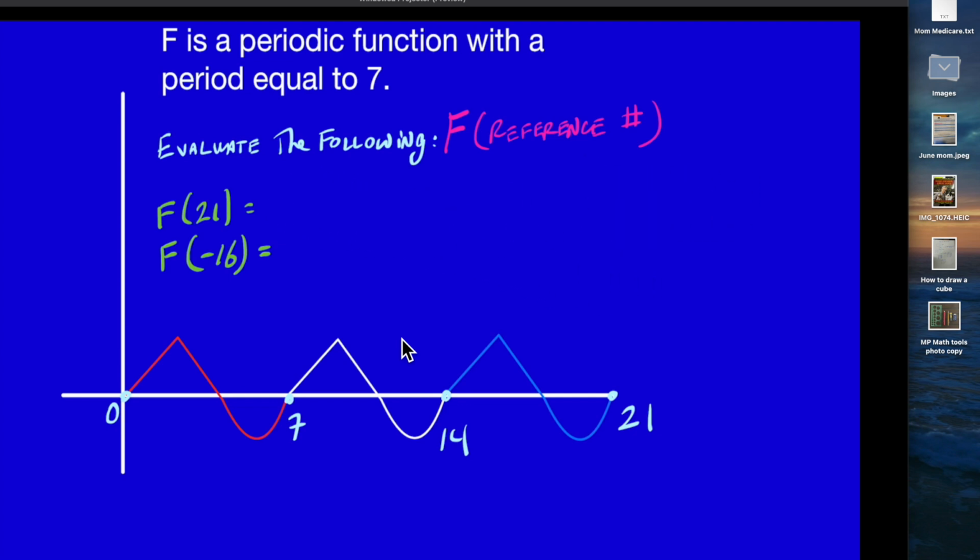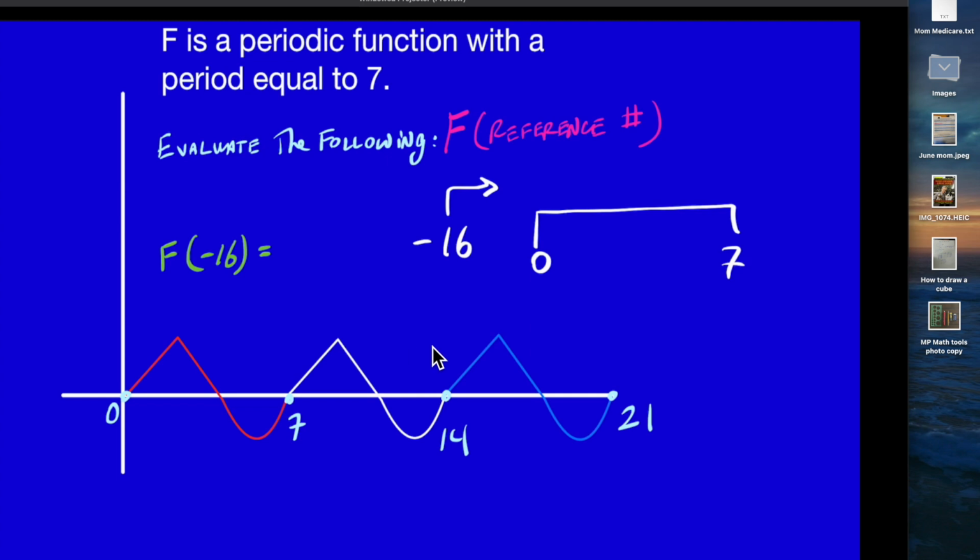So negative 16 is clearly out of the reference zone. So here's negative 16, we'll put it on the left. Here's our reference zone between 0 and 7. Will adding 7 get us in the zone? Answer no. If we add 14, will we be in the zone?